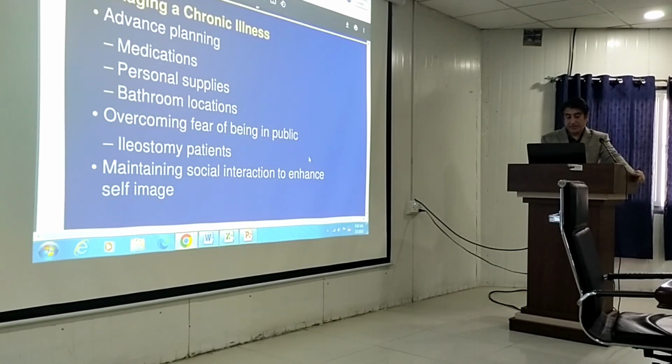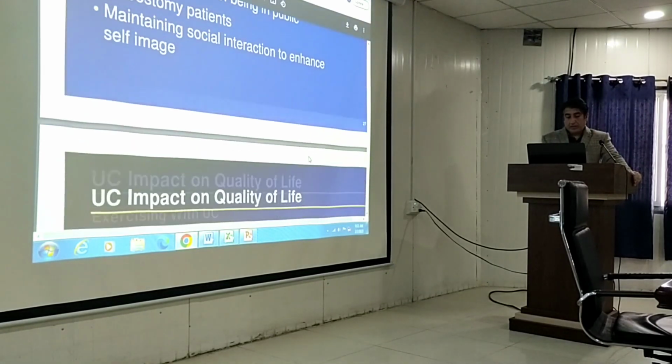These are the facilities we can provide, but they are obviously not possible in our setup. In advanced countries, they have made their own societies, ulcerative colitis and Crohn's societies, like for celiac disease. They interact with each other socially and have awareness sessions. But unfortunately, we don't have such facilities here.